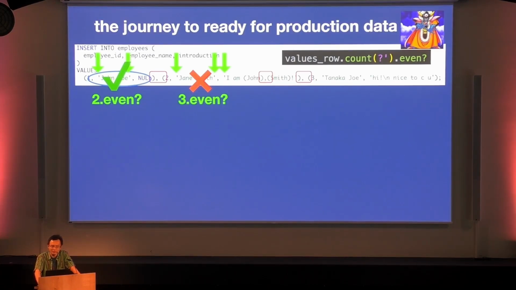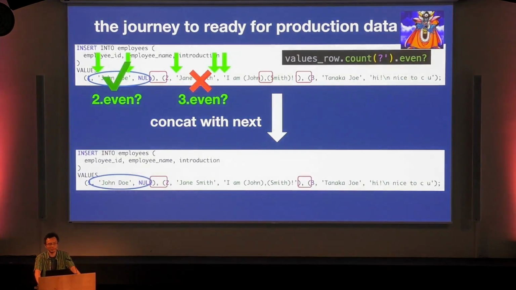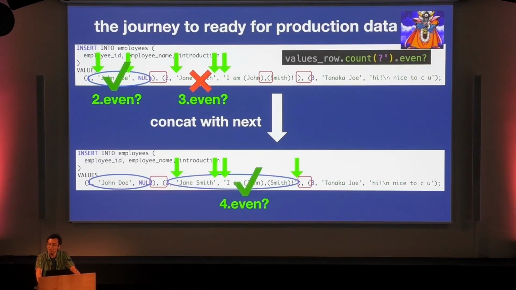And after that, how do you fix it? You concatenate with the next element. Now, count again: four single quotes, now an even number. So now it's valid. And the next one also has four single quotes, also valid. Okay, then now parse it.